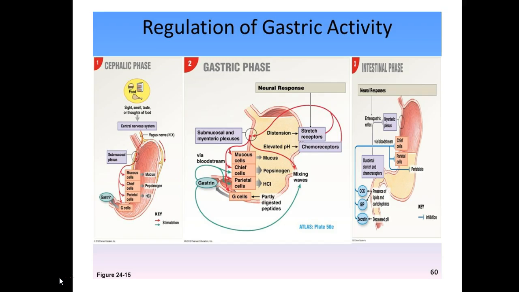And then you have the gastric phase when food arrives into the stomach, and you have stretch receptors. So you've probably eaten a big meal, or even not a big meal, it's just stretching the stomach. And chemoreceptors, so you have a change in the pH. And then you're going to get local responses too.